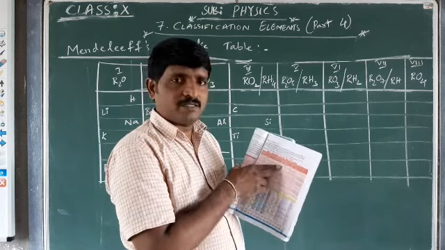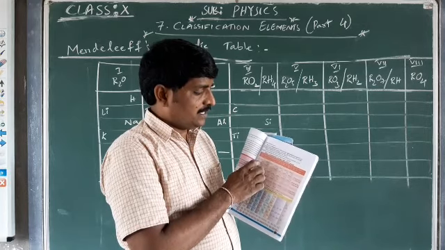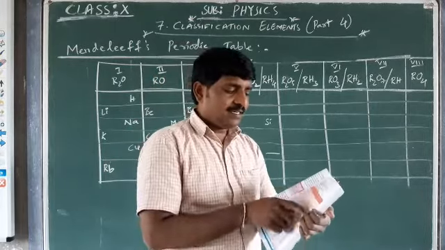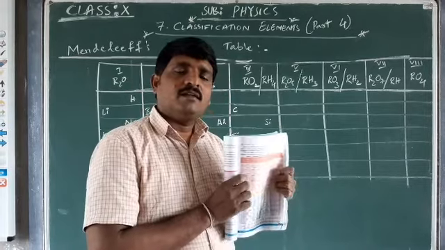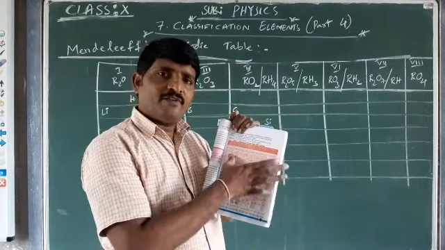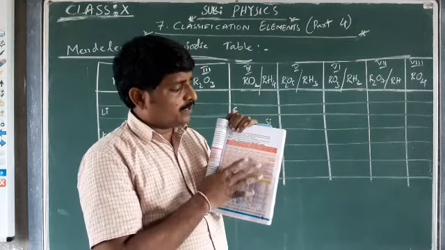See, this is phosphorus 31, potassium 39, calcium 40. Like that, it is arranged in increasing order of the atomic weights given in table number 2.